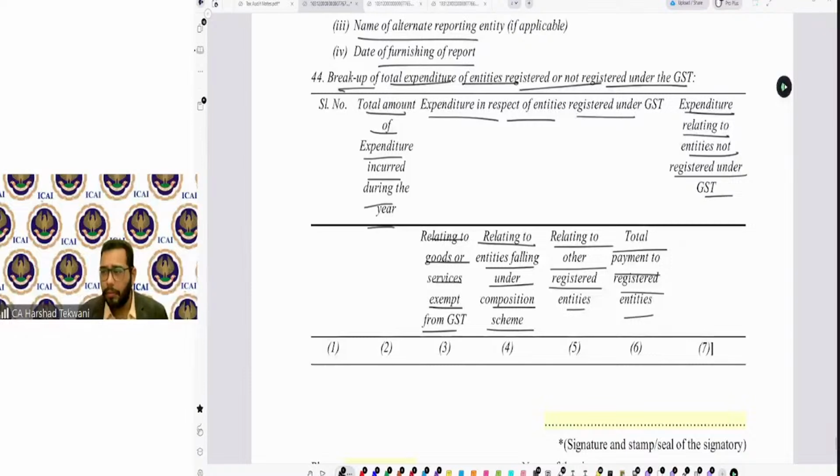In that case, auditors are required to extend their cutoff dates and check whether the status of the vendor has changed or not, and accordingly report whether it was registered or not registered, or whether it falls under the composition scheme, or under the category of exempt.